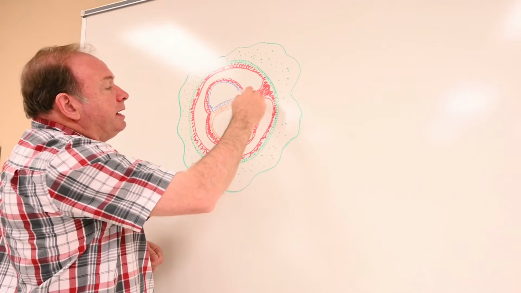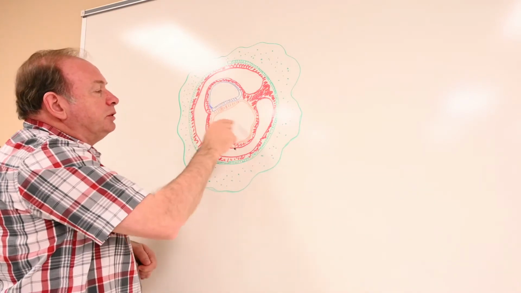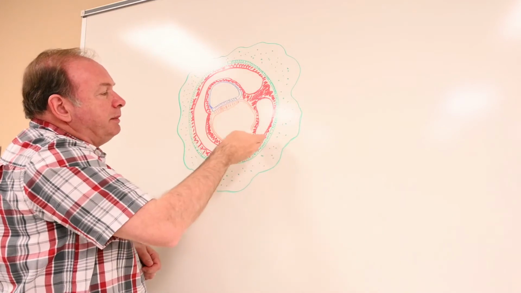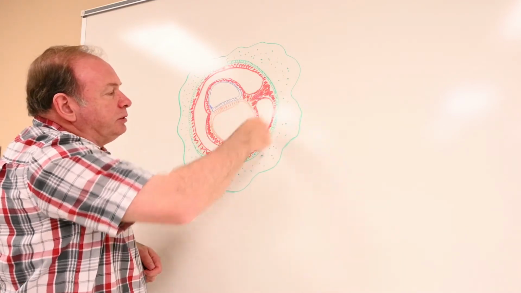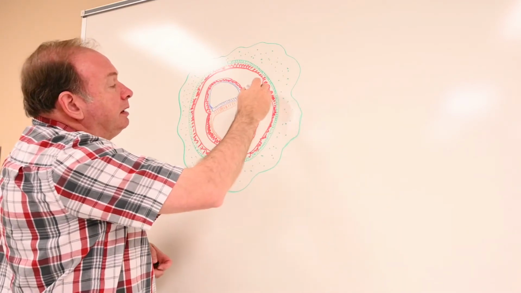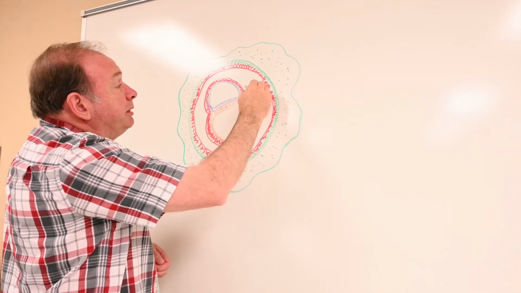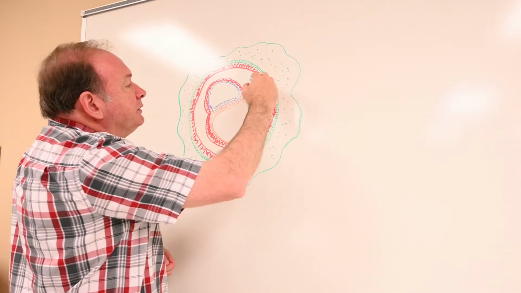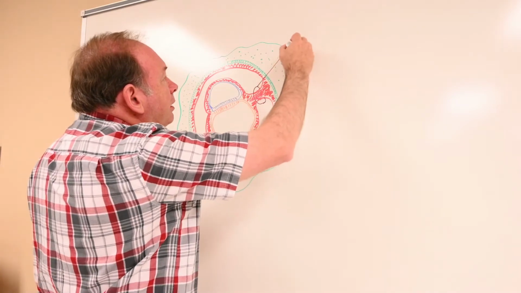So this part right here, where this mesoderm that's associated with the inner structures connects to the mesoderm that's next to the trophoblast layer out here, this is simply referred to as a mesodermal stalk. That part right there, that's a mesodermal stalk.